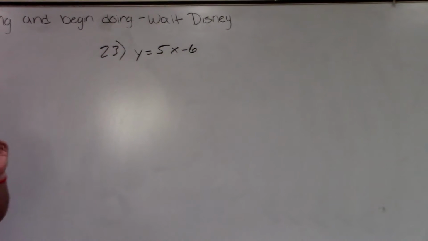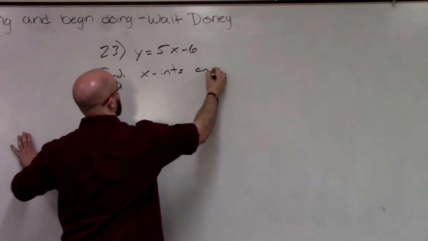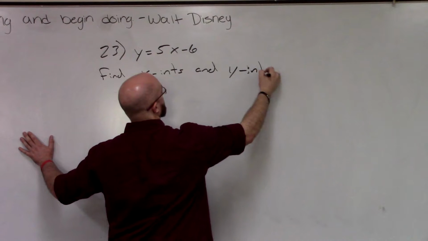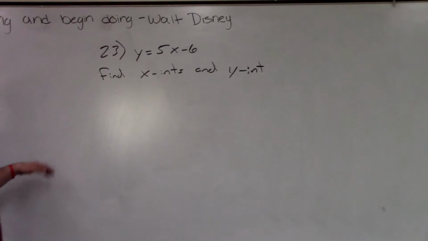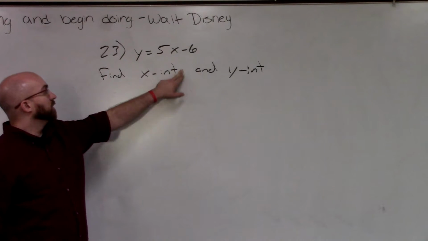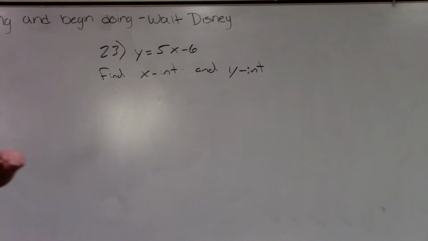What we're trying to do on 23 is find the x- and y-intercepts of the graph. There could be multiple x-intercepts, and multiple y-intercepts. So we'll just say in general, find x-intercepts and y-intercepts.